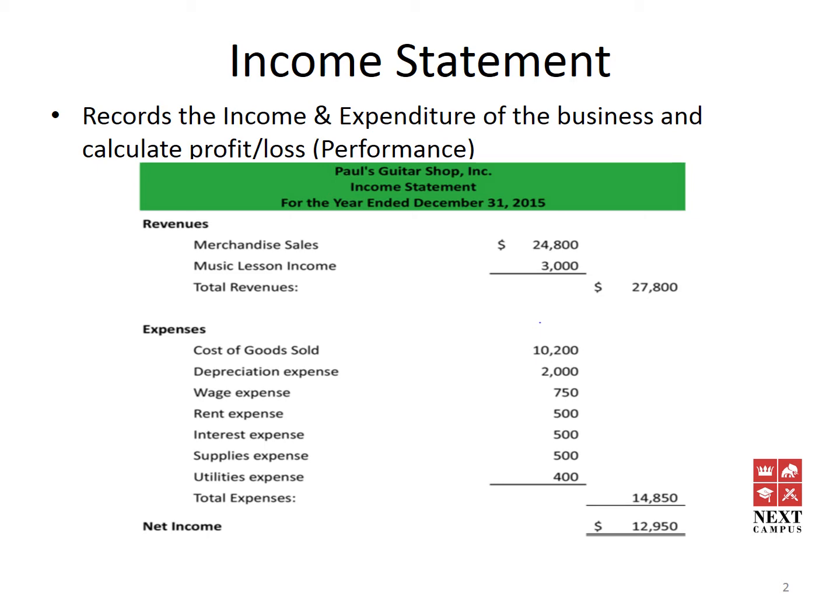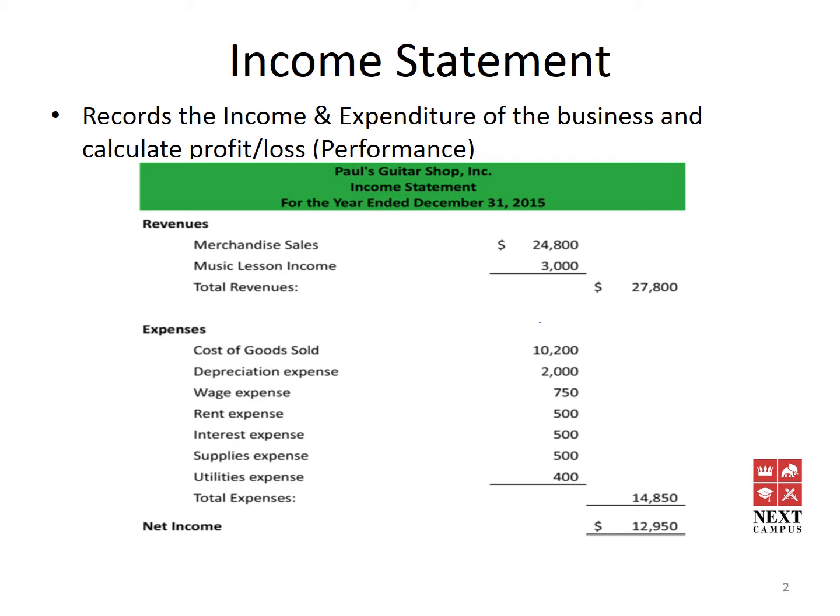Then you will get the net income, which is known as profit. When the revenue is more than expenditure, you call it profit. And when the expenditure is more than the revenue, you call it a loss.